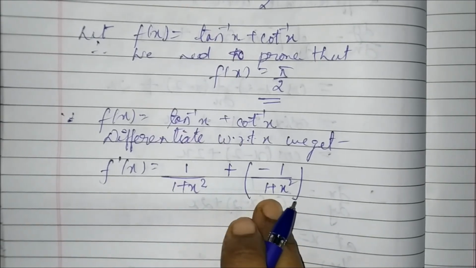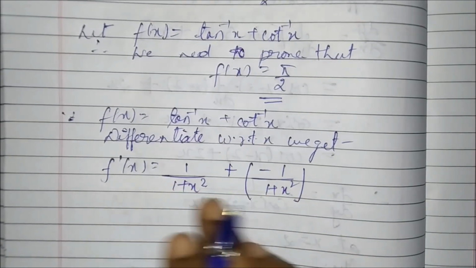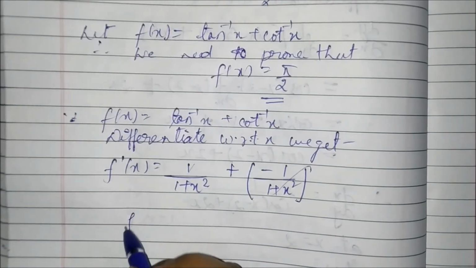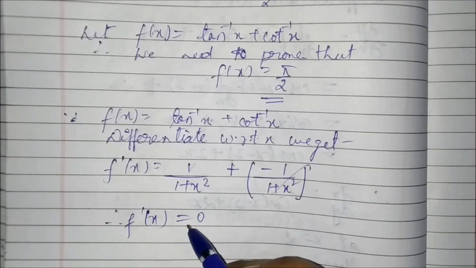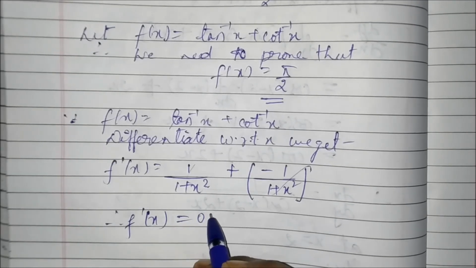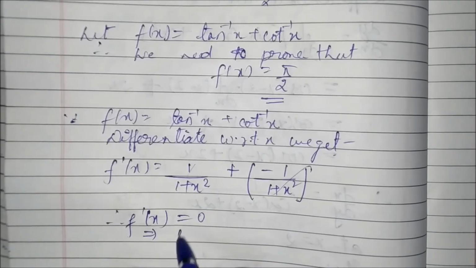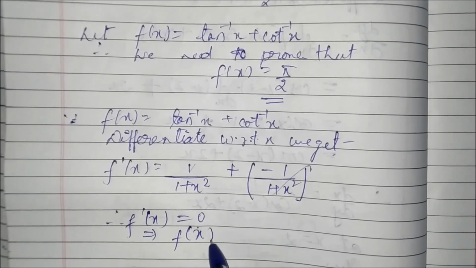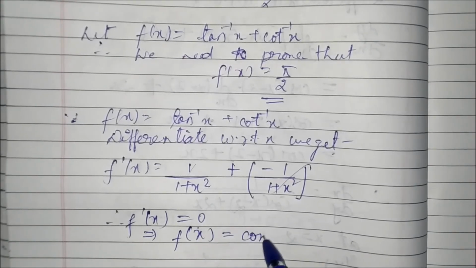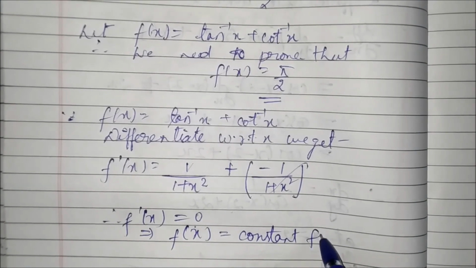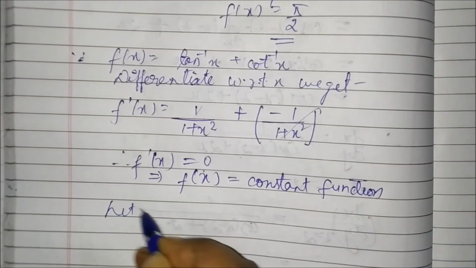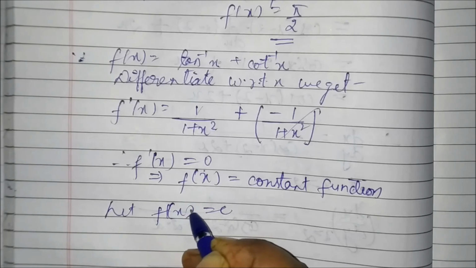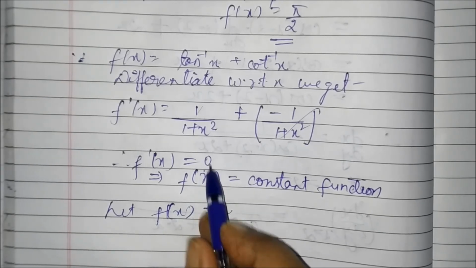These are the same terms but with opposite signs. So we cancel them, we get f'(x) is equal to 0. Since the derivative of any constant function is 0, we can write that f(x) equals a constant. So we consider that f(x) is equal to c, where the derivative of c is 0.